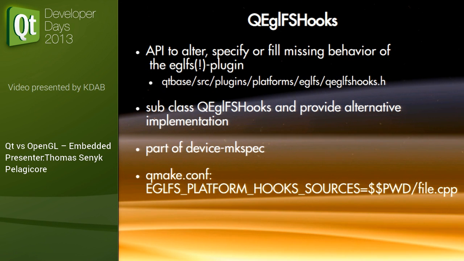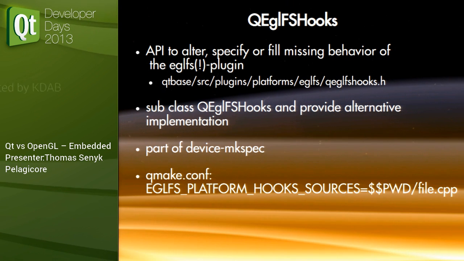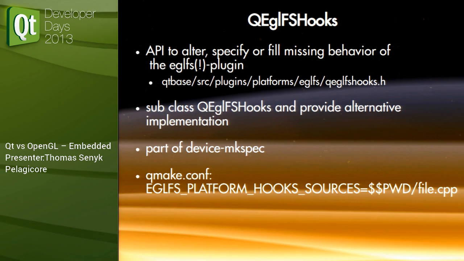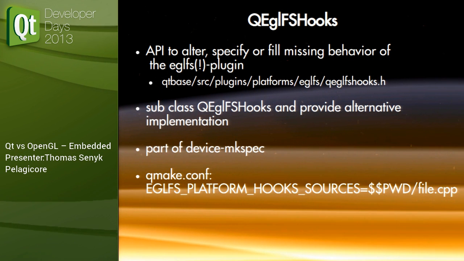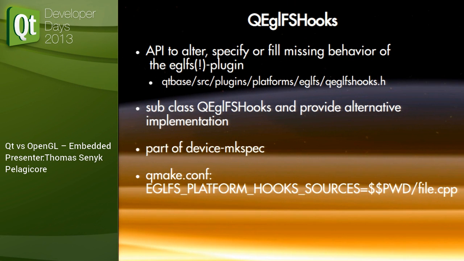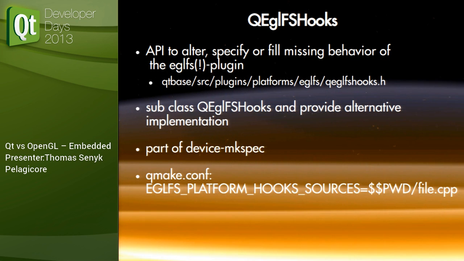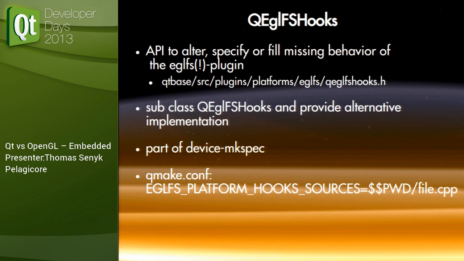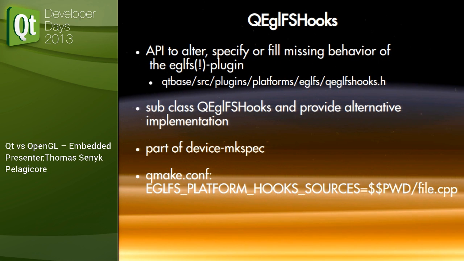But in general, first of all, let's start with what KMS actually is. KMS stands for kernel mode settings. Kernel mode settings means that it's a kernel-based API to set the mode setting, and mode setting is basically your screen setup. So what color format do you have on your screen, what resolutions, what refresh rates, and all that.